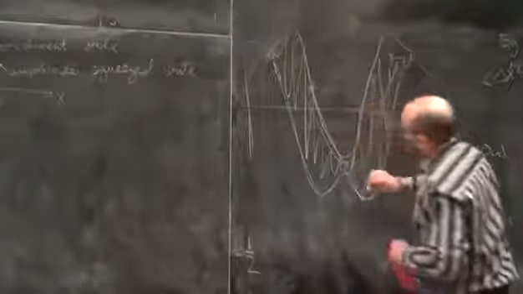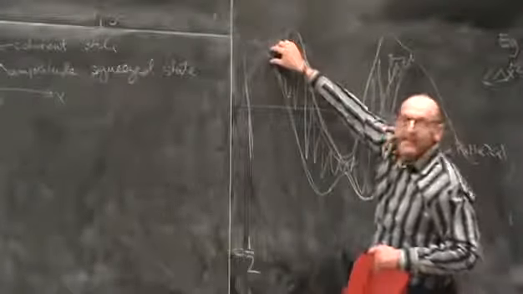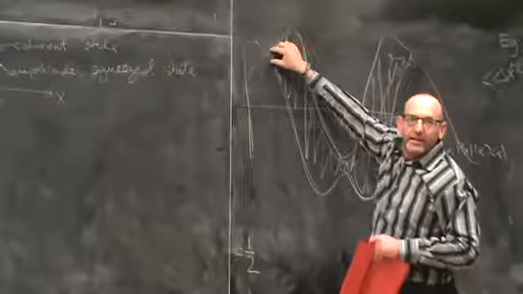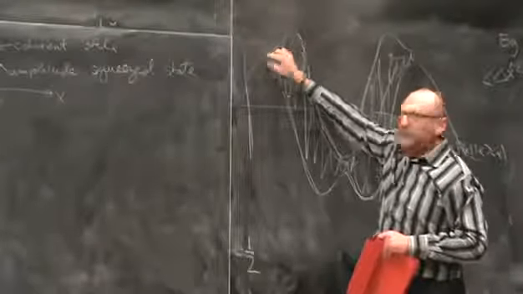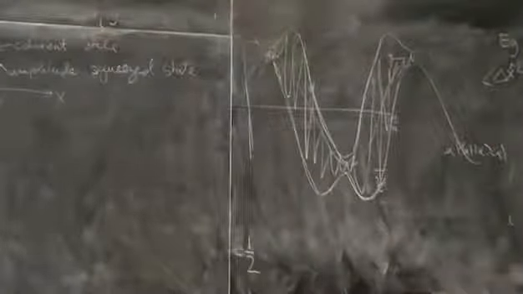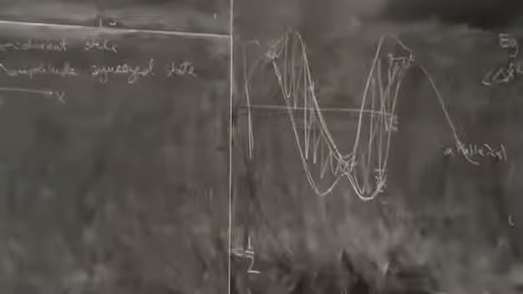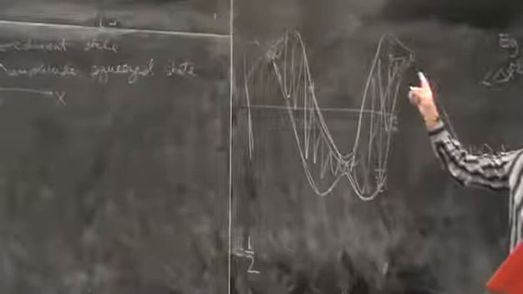Okay, so my uncertainty in the amplitude is least. Is that sort of clear? And that's what's known as an amplitude squeezed state.